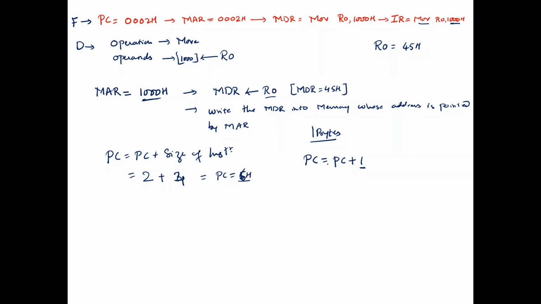So we will write PC is equal to PC plus 1. But the actual formula is PC is equal to PC plus the size of the current instruction. If the size of all instructions is 1 byte, I can simplify this mathematical expression to PC is equal to PC plus 1.